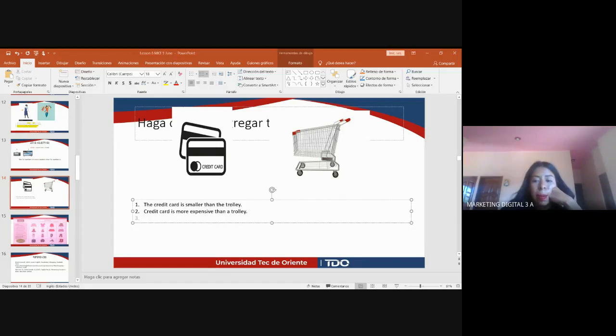What else? What else can you say about these two objects? Okay. What else can you say about these two objects?